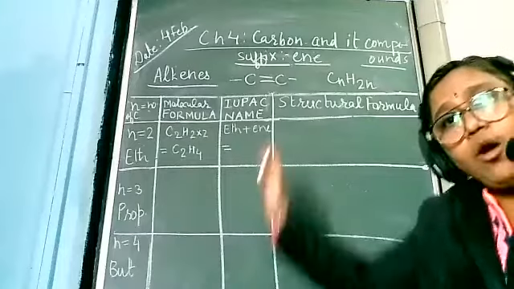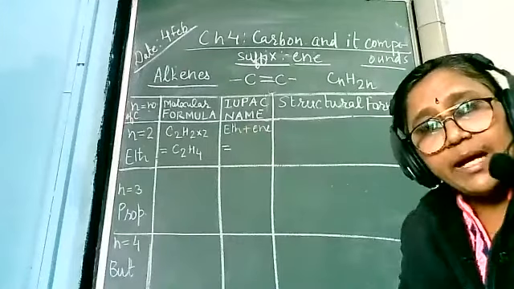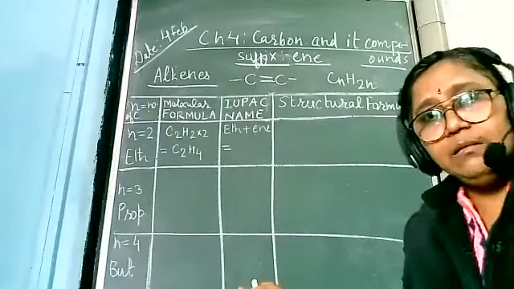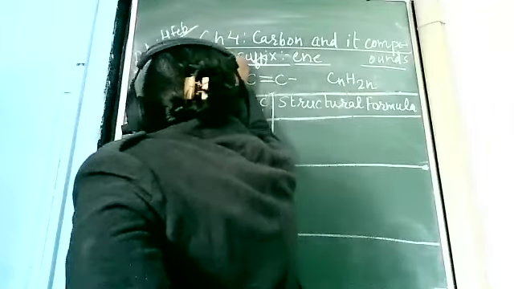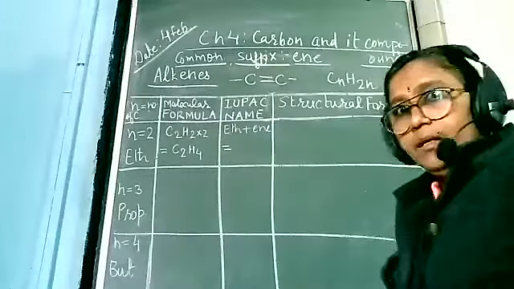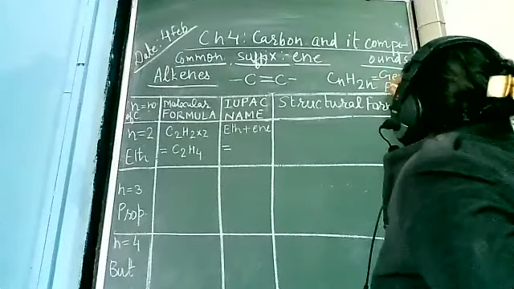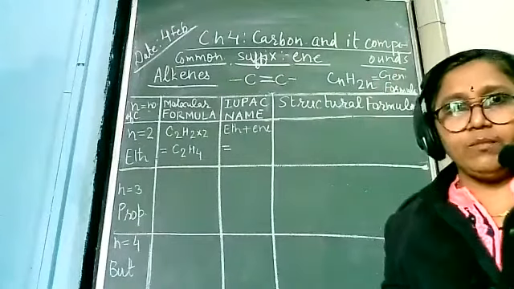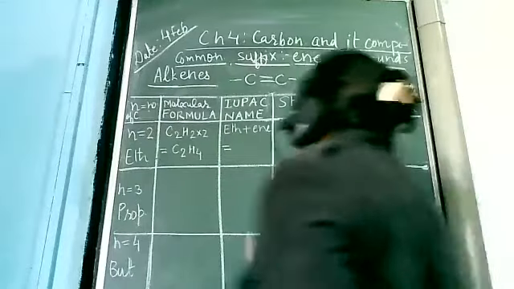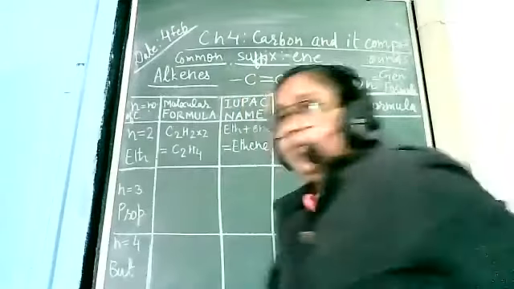Ene is the common suffix because these are a group of alkenes. You can write here common suffix is ene. I have already written on the board. I hope you have noted, right? And the general formula is CnH2n. जितने कार्बन उसका डबल नंबर ऑफ हाइड्रोजन एटम. सिंपल है, right? So we will write eth plus ene, that becomes ethene.